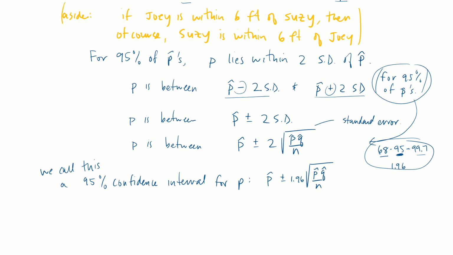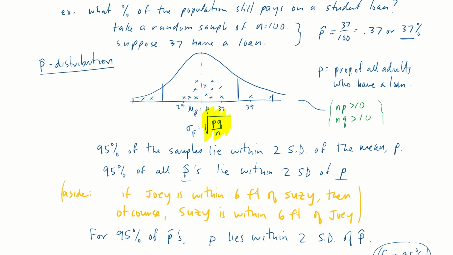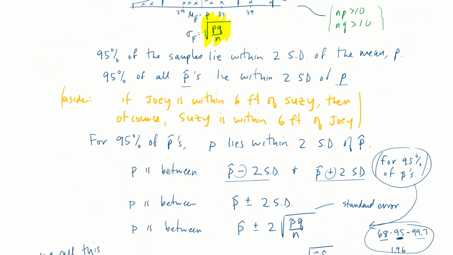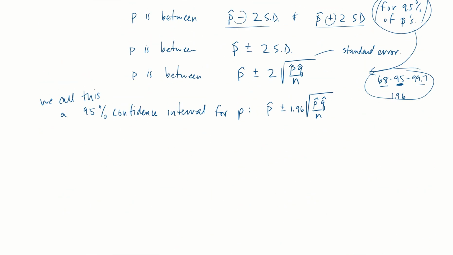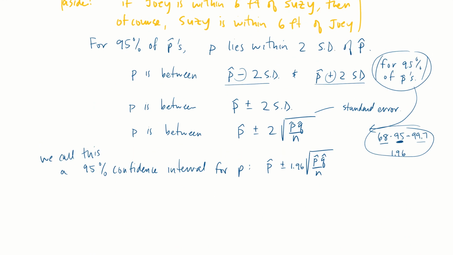let's say this. For student loans, we have P hat, what did we say? P hat was 37%. So we got 0.37 plus or minus 1.96 square root of 0.37, and Q hat is the complement of that, 0.63 over N, which was 100.